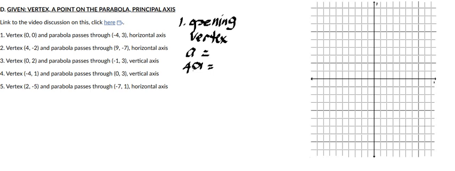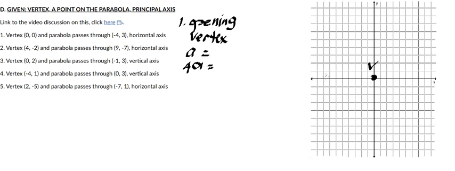So for the opening here, we knew that the given principal axis is the horizontal axis. If that's a horizontal axis, that would simply mean that the opening could be either left or right, with a vertex at 0, 0. So this is where the vertex is.